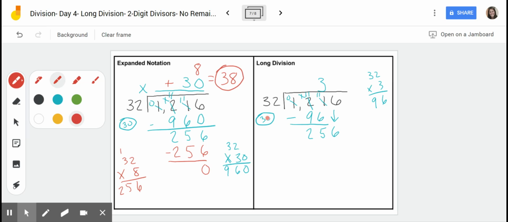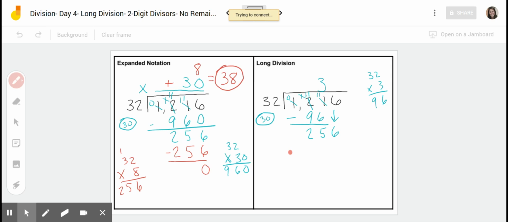Now I'm going to think through again. 30, how many times could 30 go into 256? Well, if I skip count by 30, 30, 60, 90, 120, 150, 180, 210, then 240. That's 8 groups.